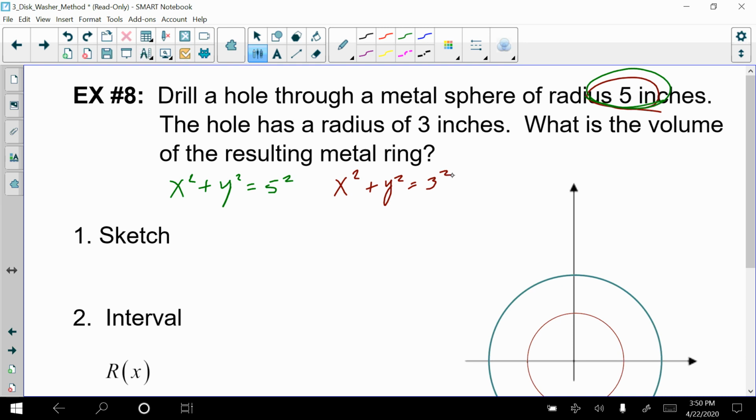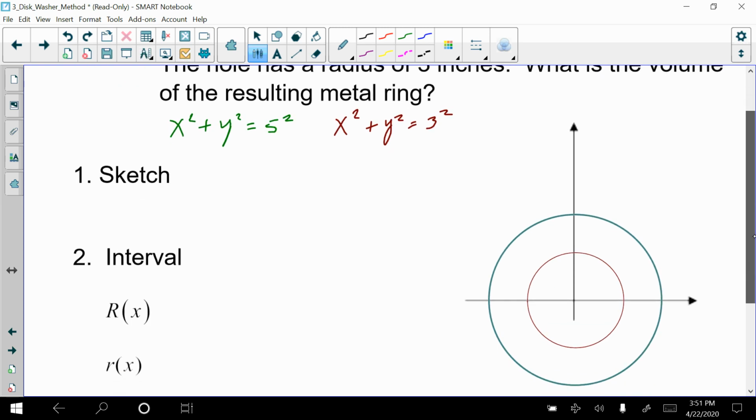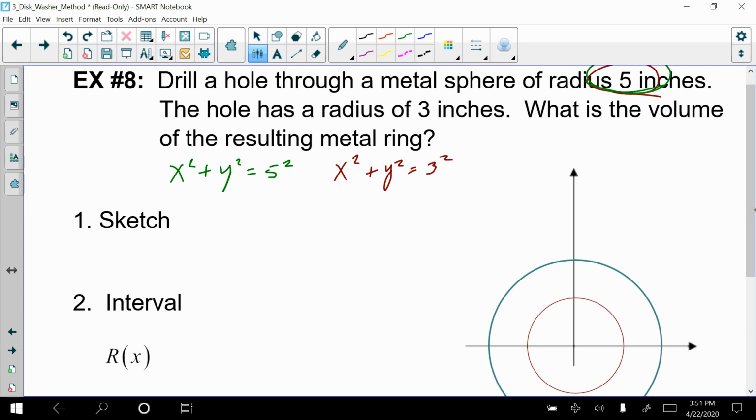Okay, so let's identify what the interval is going to be. What is the volume of the resulting ring? It doesn't really say which axis we're going to revolve it around. Drill a hole through a metal sphere, radius 5 inches.